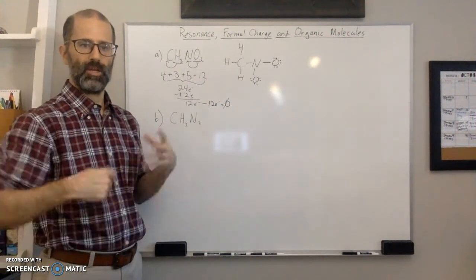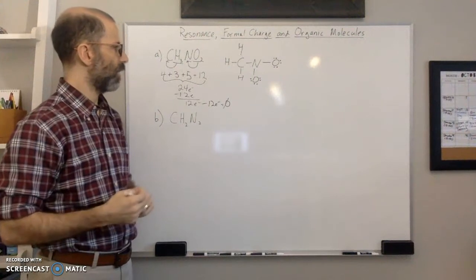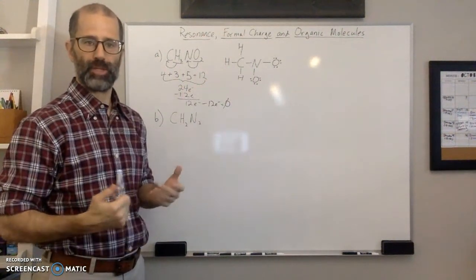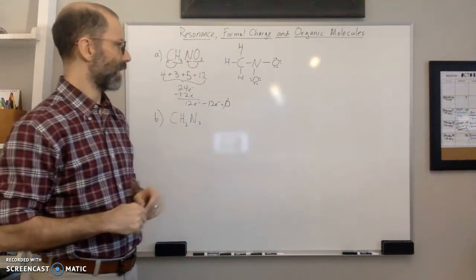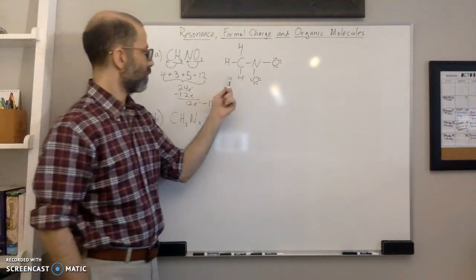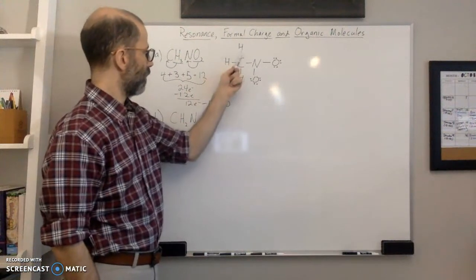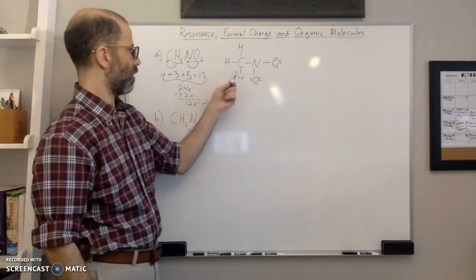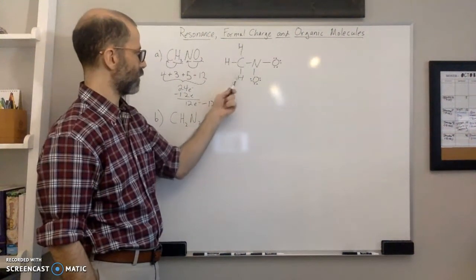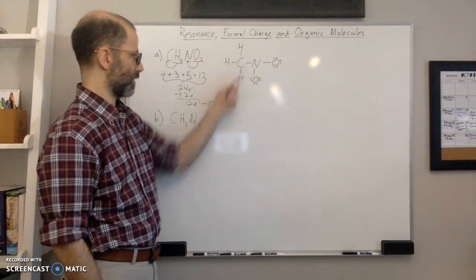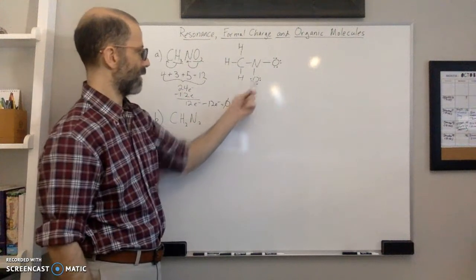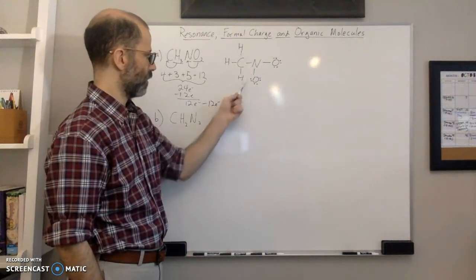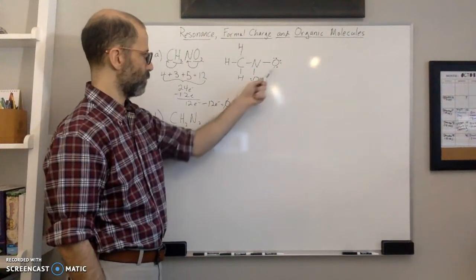So what do I do? I check my molecule to make sure everyone has an octet. I have duets for my hydrogens, so that's good. My carbon has 4 bonds, so that's an octet, that's good. And my oxygens both have 1 bond and 3 lone pairs, so that's 8 and 8.